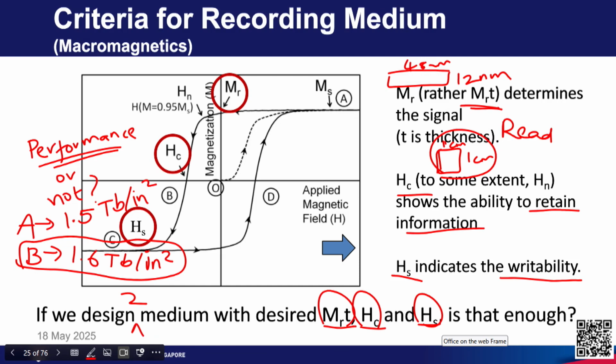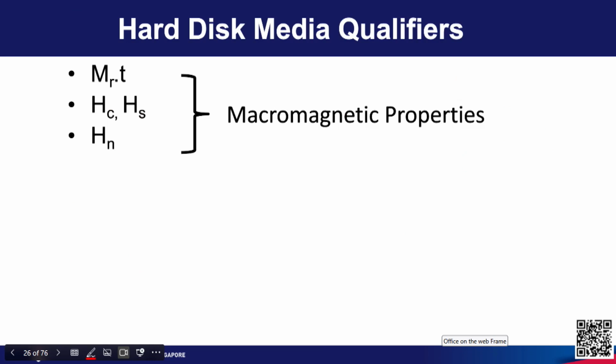So we are talking about bits that store information at this kind of size on one hand. On the other hand, we are talking about properties like MR, coercivity, MS that we measure from a large area, 1 centimeter by 1 centimeter. These properties measured at this scale will not represent what we see at the bit scale. Micromagnetically the samples may behave differently.